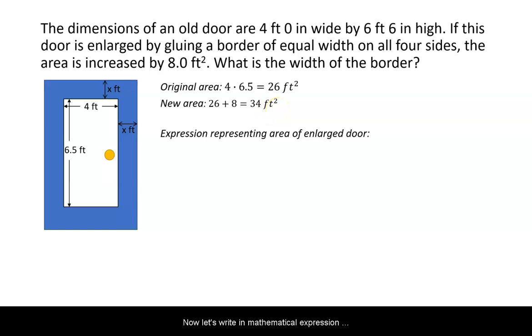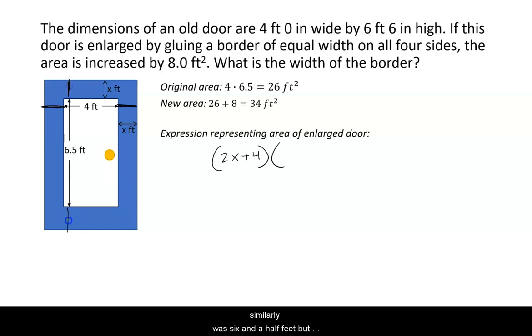Now let's write a mathematical expression representing the area of this enlarged door. My width originally was 4 feet, but now we have x feet glued on either side, so the width is now 2x plus 4. The height, similarly, was 6.5 feet, but we've glued on 2x lengths, so the new height is 2x plus 6.5.